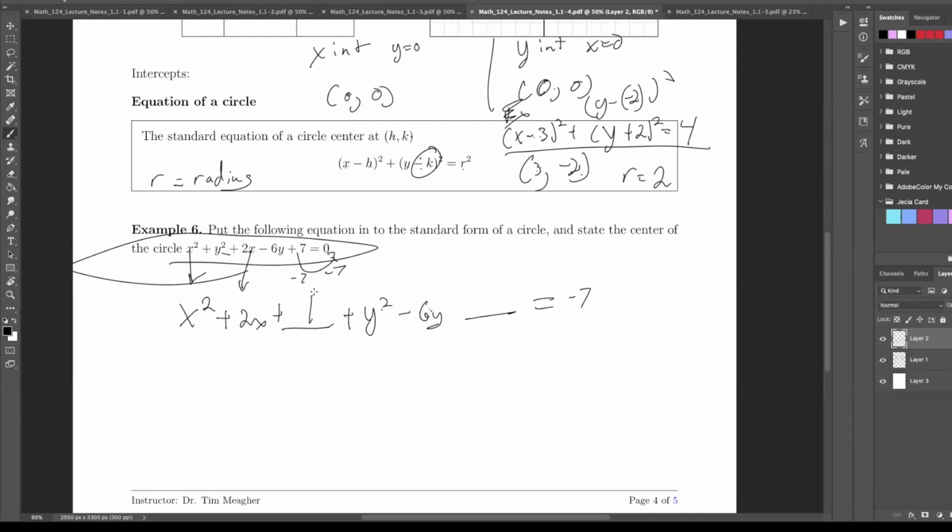Let me write this so it's clear: half of this, squared, goes here. Okay. And so it's called completing the square. I think we actually address this specifically later. So don't worry about it if you don't understand this part excessively well. I just want you to be able to put stuff into standard form.